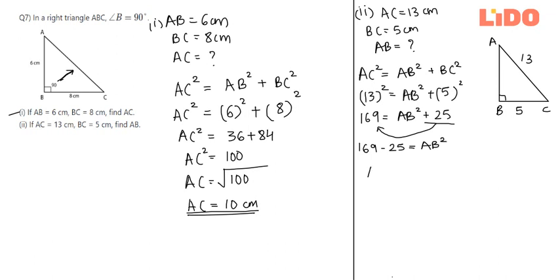Let's rewrite that: AB square is equal to 169 minus 25. All I've done is rewritten it so it's in a familiar format. Let's subtract 169 minus 25. So AB square is equal to 144.